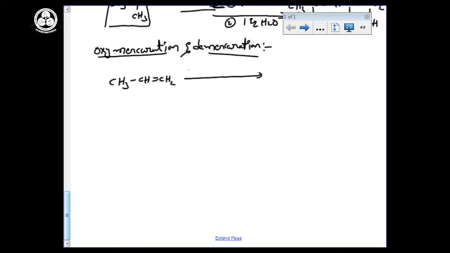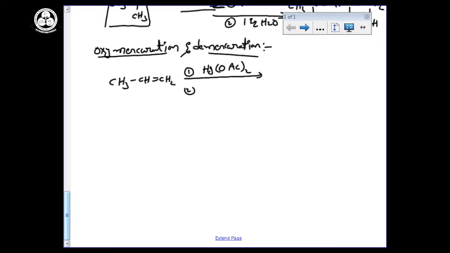Here I am going to add reagent number 1, mercuric acetate, Hg(OAc)2, where OAc is the acetate ion, CH3COO.